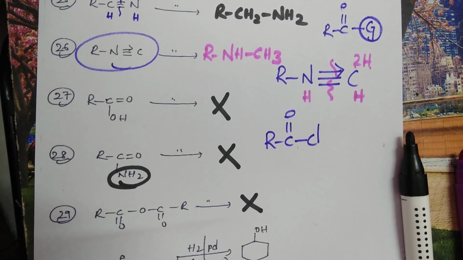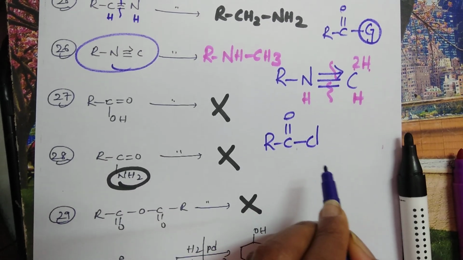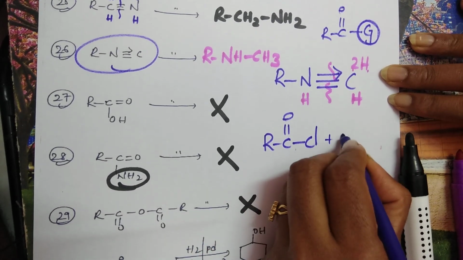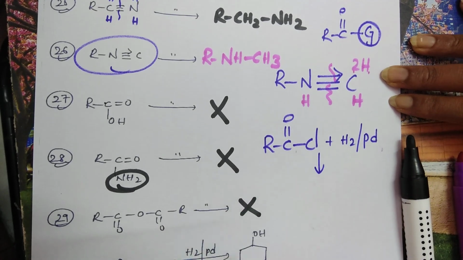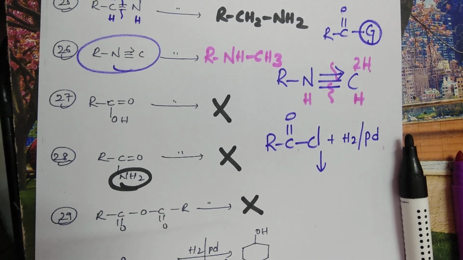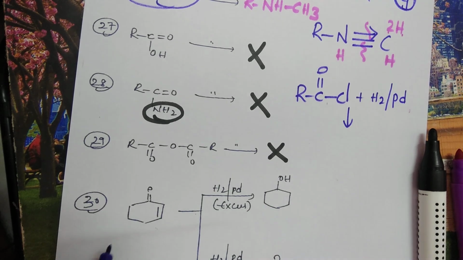What I want to say is acyl halides are, even though acid derivatives, they react with hydrogen over palladium. This is one of the exceptions. One special reaction you study, right? Rosenmund reduction reaction. Fine.